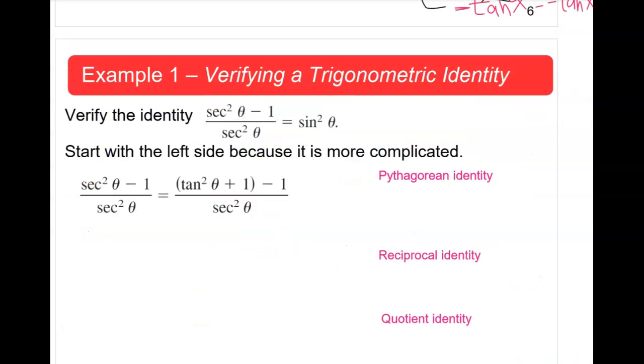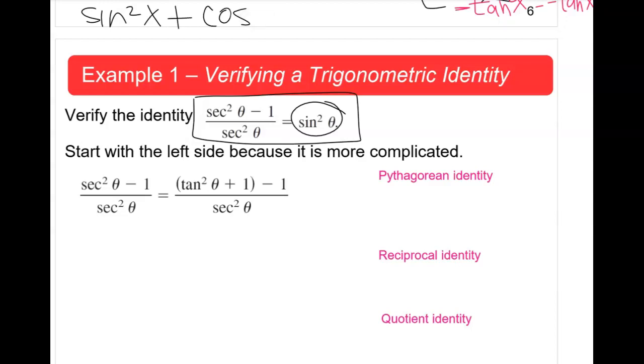The next identity that we're going to verify is written down here. And as you can see, the left side is more complex, so we're going to try to work it out so it looks like the right side. So again, we're going to use the Pythagorean identity, and actually I'm going to use a substitution that we used on the previous problem.